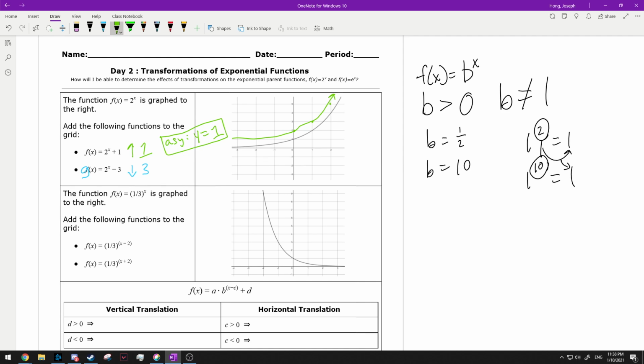And the way that I got this is because everything in my graph just moved up 1 unit. Nothing changed about the slope, nothing changed about anything else besides the fact that everything moved up 1 unit.